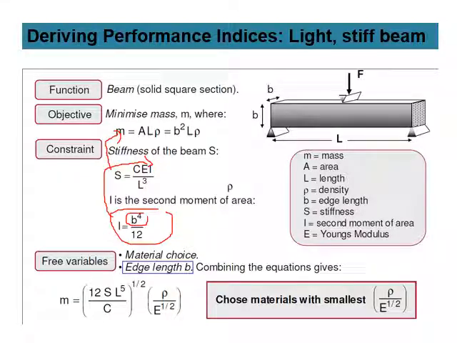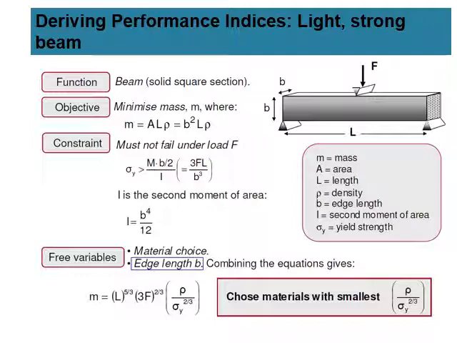Then you can re-derive back the equation, and then this one will be the function related with the objective and also the geometry over here, which is related to material properties. So the material performance index will be the density divided by square root of the Young modulus. So you need to choose the material with the smallest density divided by square root Young modulus.